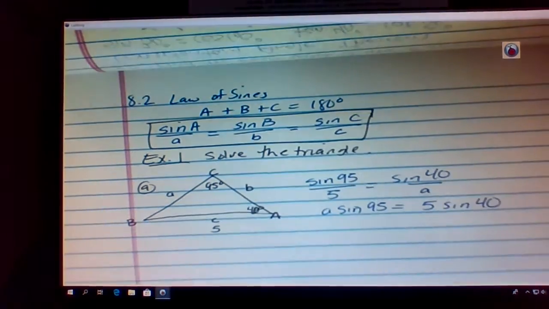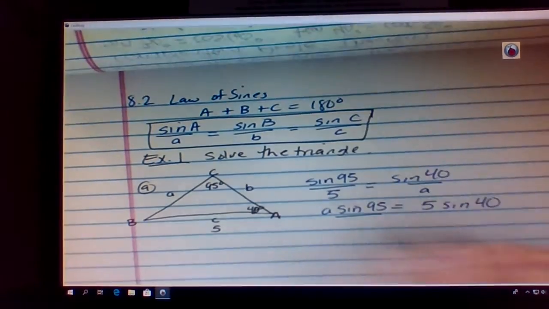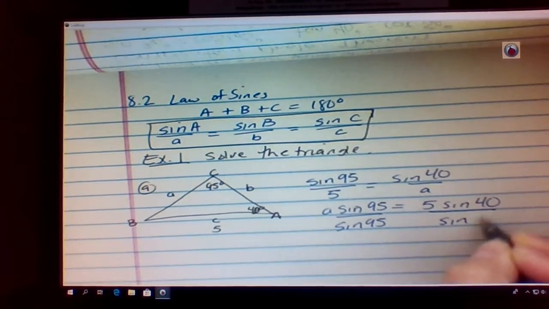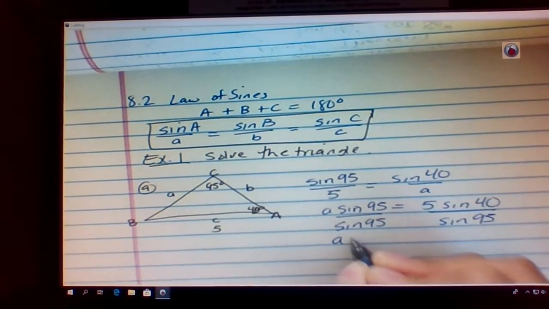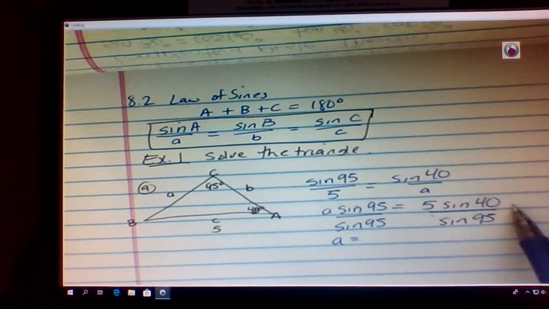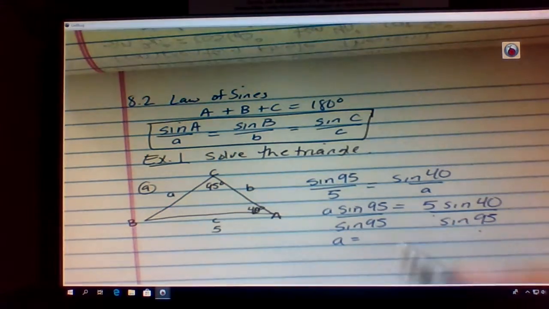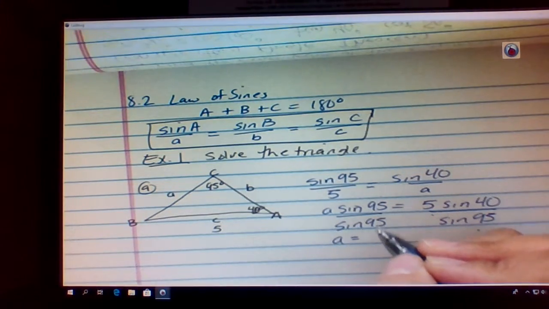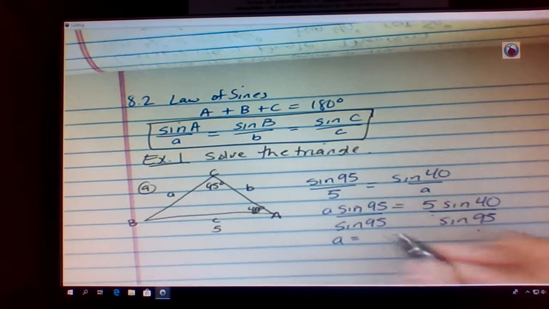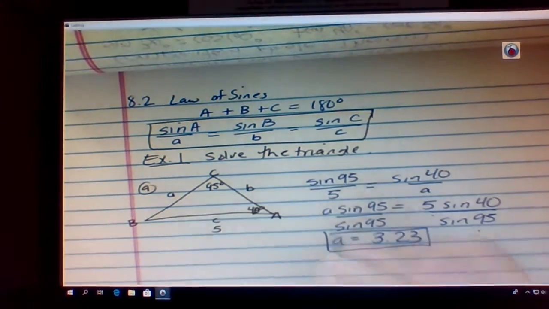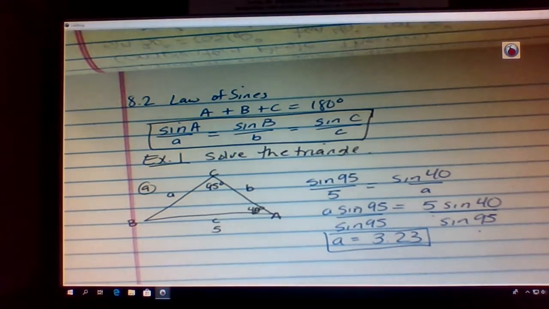To solve for a, what do I have to divide by? Sine of 95. So 5 sine of 40 divided by sine of 95 is 3.23. That's the answer.